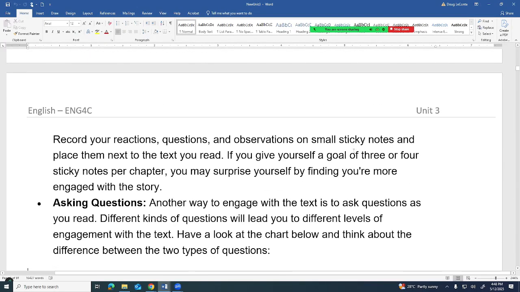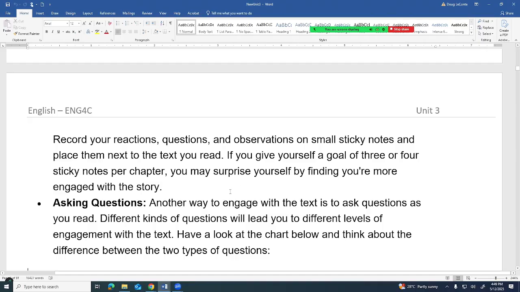On to page 9. Record your reactions, questions, and observations on small sticky notes and place them next to the text you read. If you give yourself a goal of 3 or 4 sticky notes per chapter, you may surprise yourself by finding you're more engaged with the story. And this is also good, using these sticky notes, now that you are aware of the key questions regarding the novel.